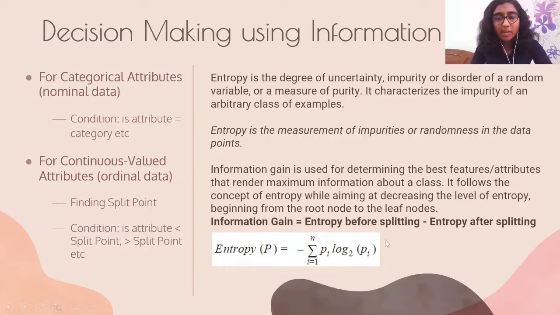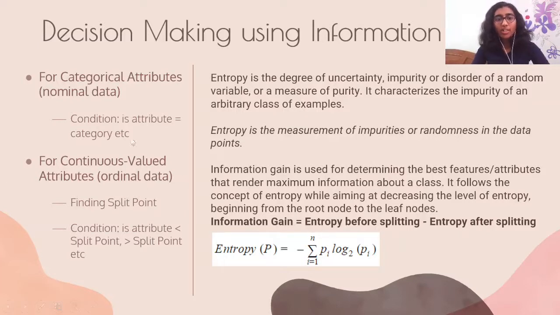The decision making is easy for categorical attributes, since we can say if the number of edges is equal to 3, but we can't do that for continuous valued attributes. So we need to find a point where the condition can be made.